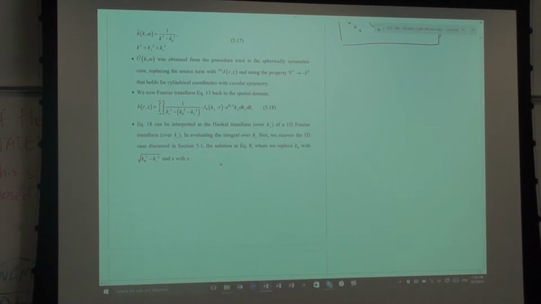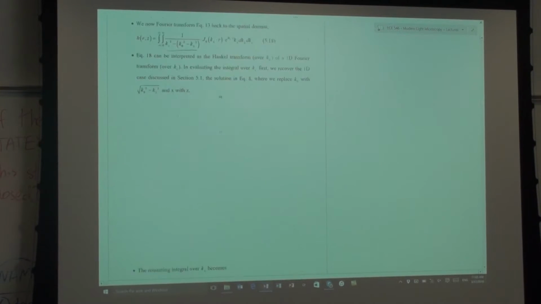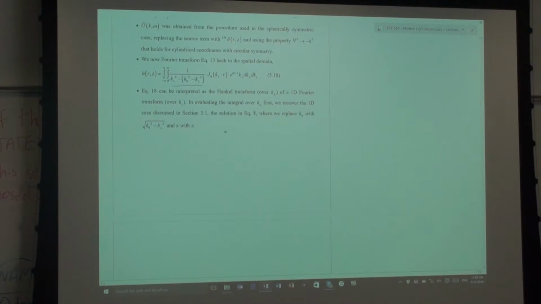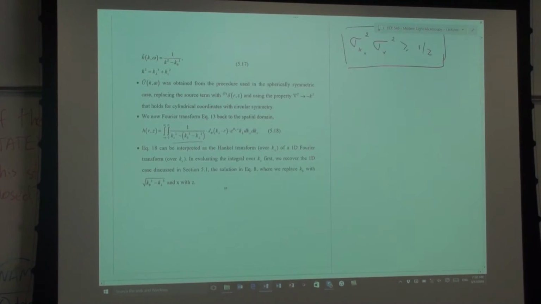And you can actually do the same approach. You plug it into here. You separate kz from the k naught and k perpendicular, and you do the 1D Fourier transform along z. Remember, before we were separating this into k minus k naught plus k naught.